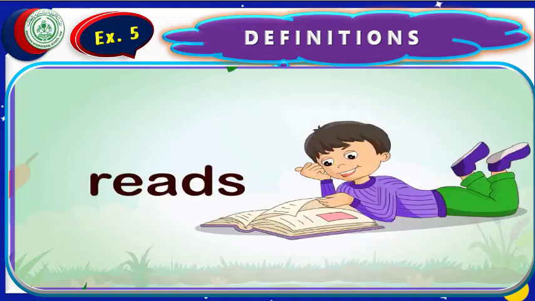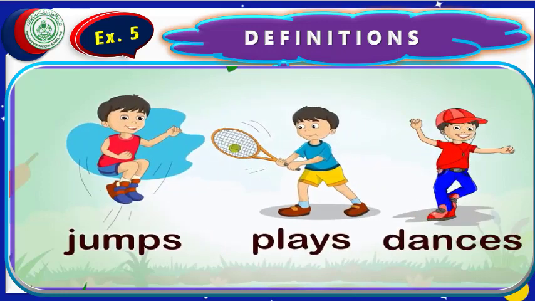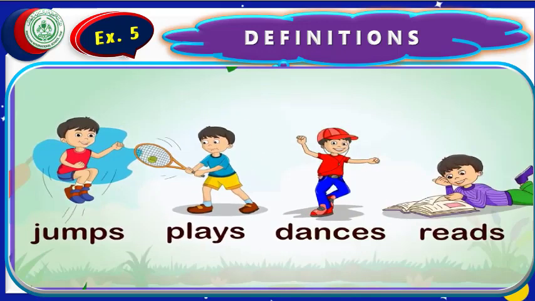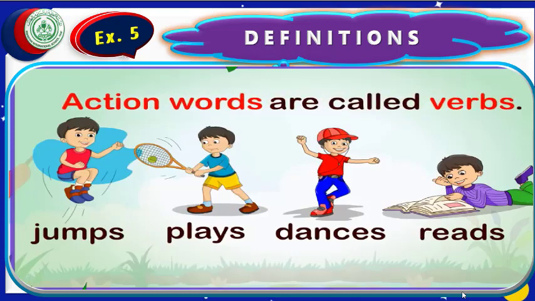Ricky reads a lot. Here, jumps, plays, dances, and reads are words that name actions and therefore are called action words. An action word tells what someone or something does. Action words are called verbs.